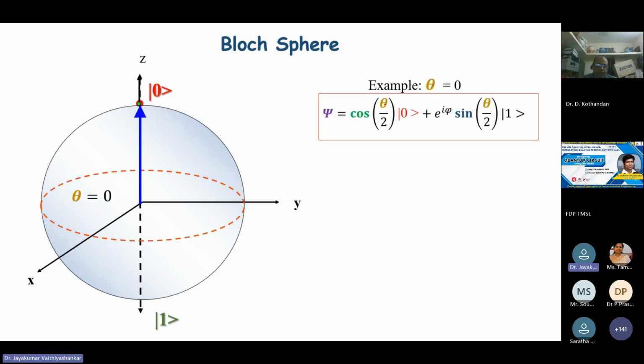Okay, so cos theta by 2 multiplied with state 0 plus e to the power i psi sine theta by 2 multiplied with state 1. So this i represents a complex number. This is your second angle, and theta is your first angle.